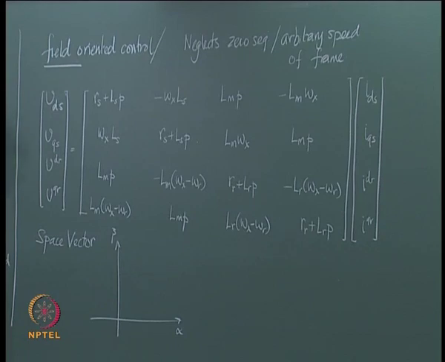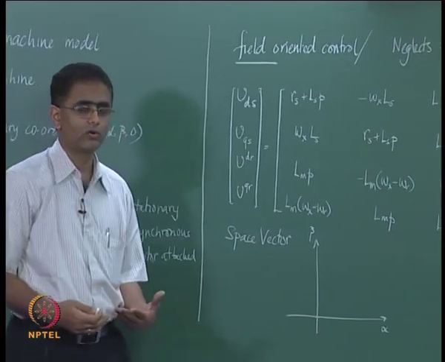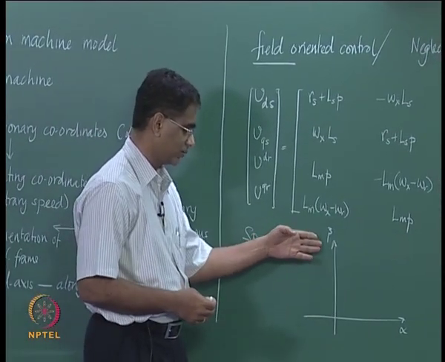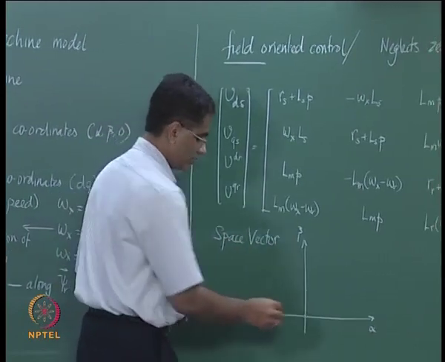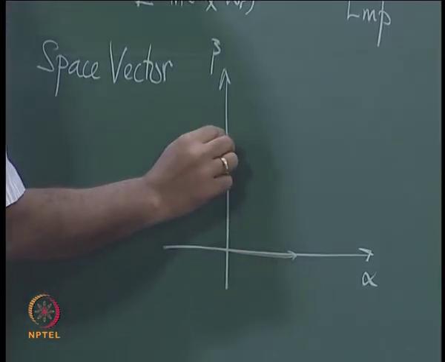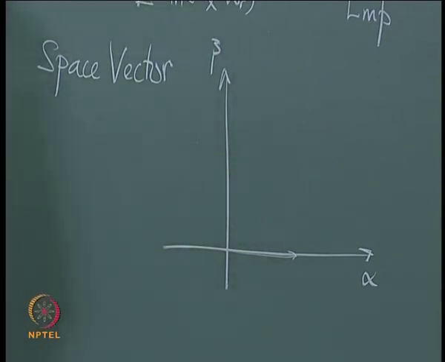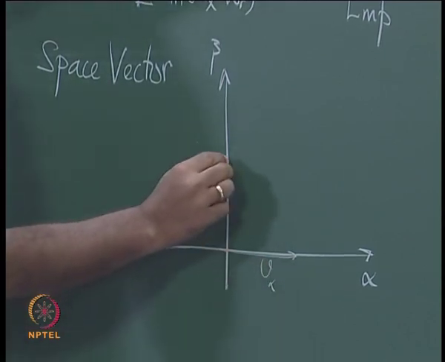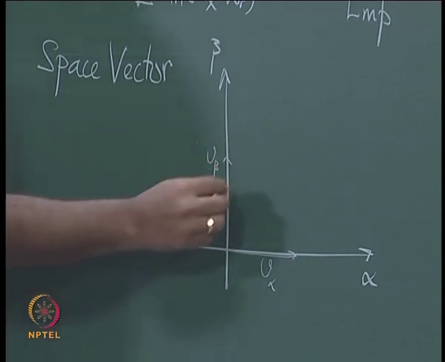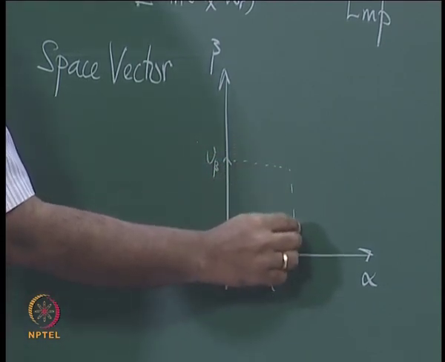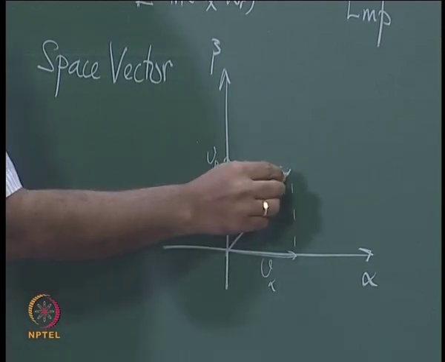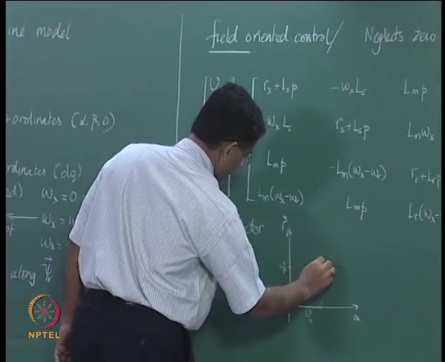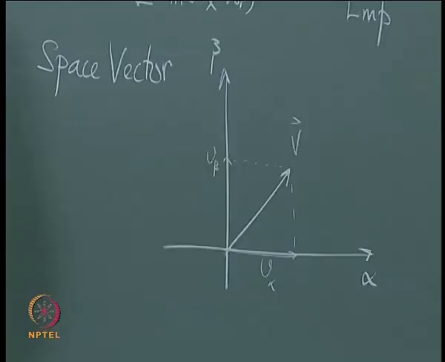We said that if you are looking at, for example, the applied AC voltage to the machine, you would have a V alpha and a V beta that is applied, and if you have the V alpha component here and the V beta component here, one can represent this as a space phasor, which is the voltage space phasor.